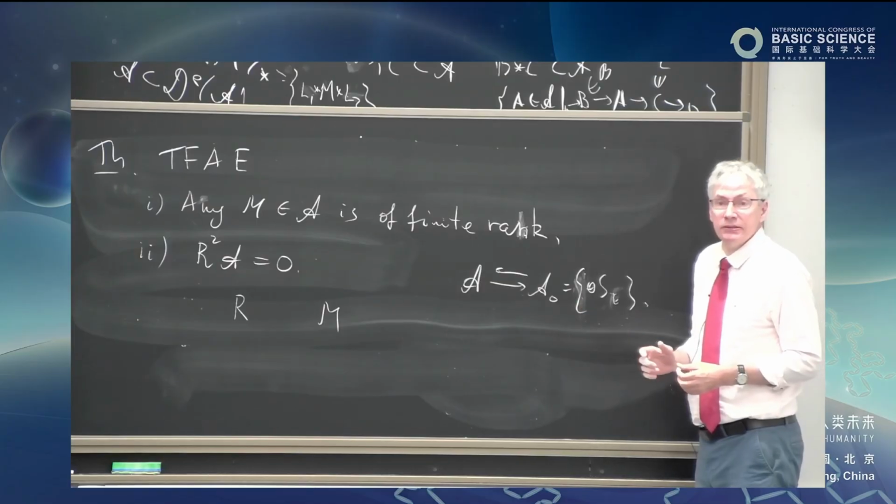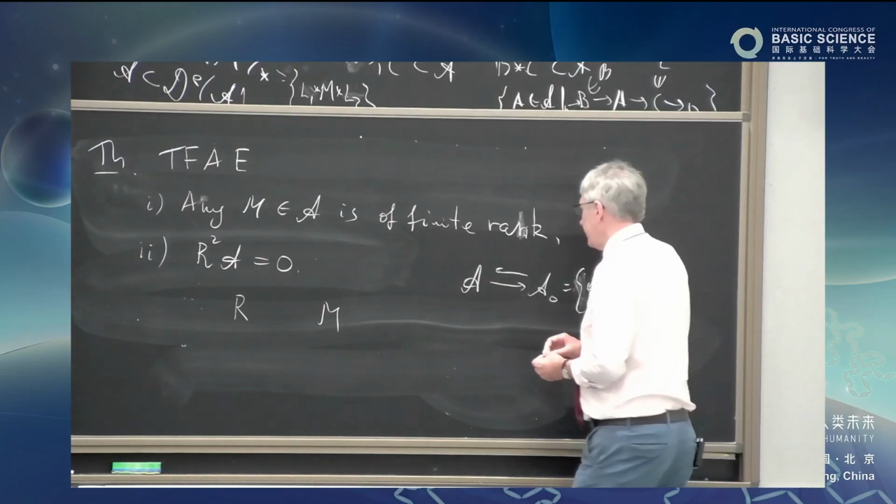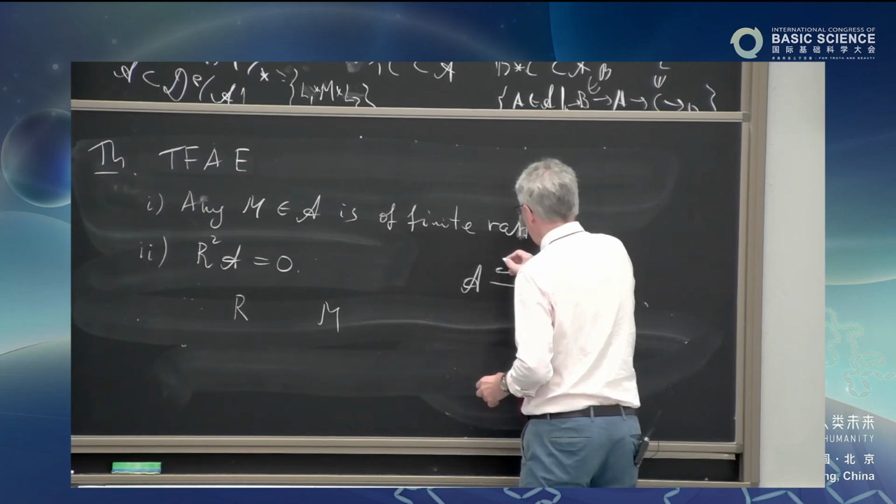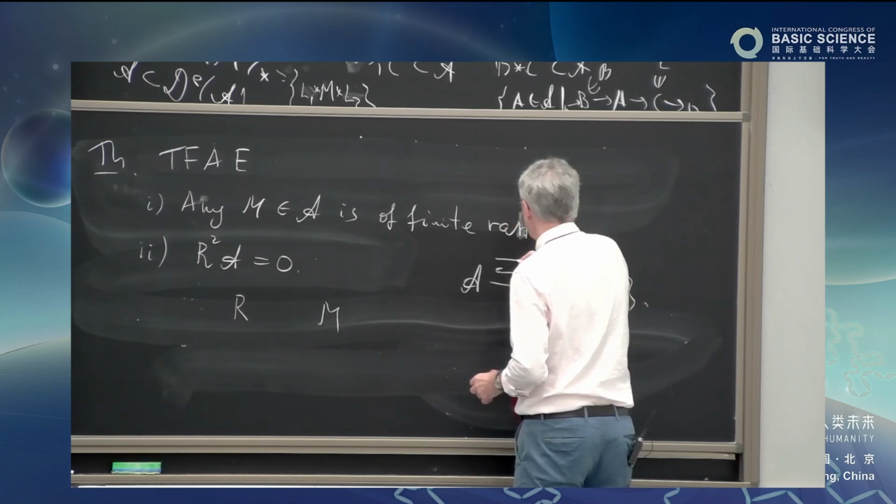It's the category of semi-simple objects in A. So we have an embedding of A_0 into A, and we have two adjoint functors.